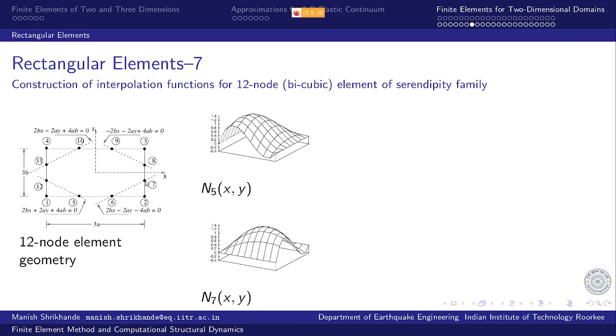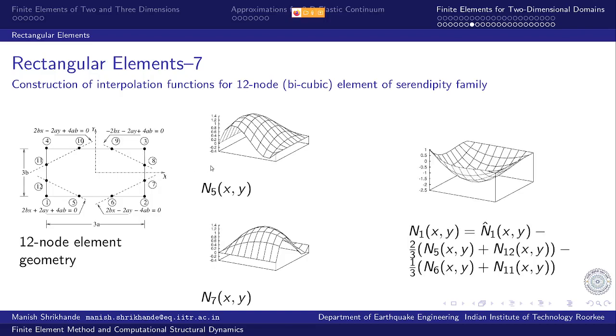I mean n7 is obtained by the product of equation of lines, I mean zeros, and we can suitably modify accordingly.